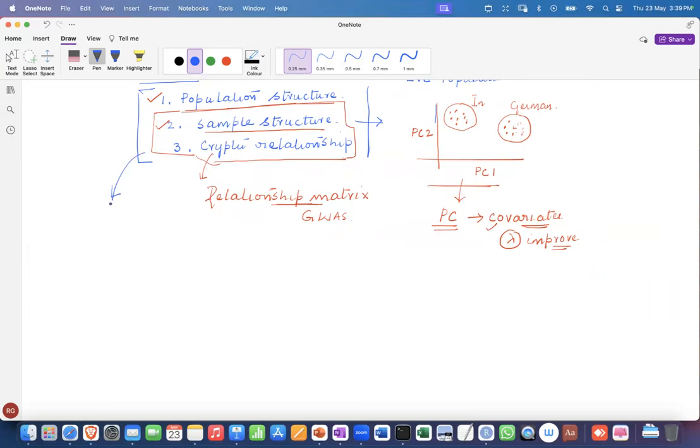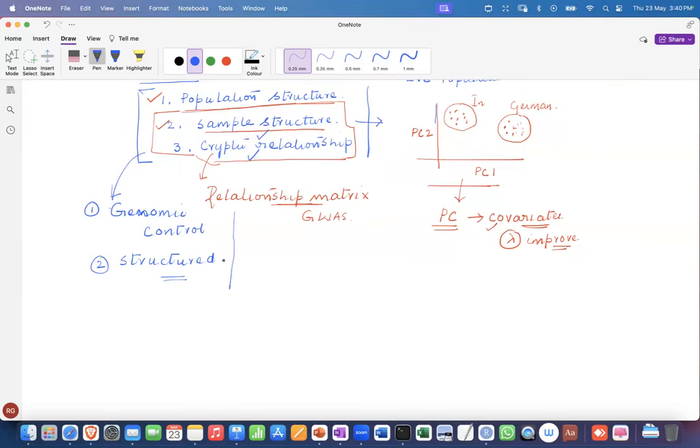Initially there were software called genomic control, right? If you type all this, you'll get structured analysis. All these software would give you corrections for GWAS for your population structure. But none of them was correcting for the sample structure and cryptic relationship.